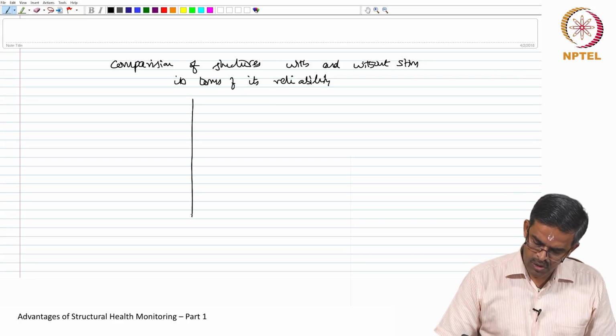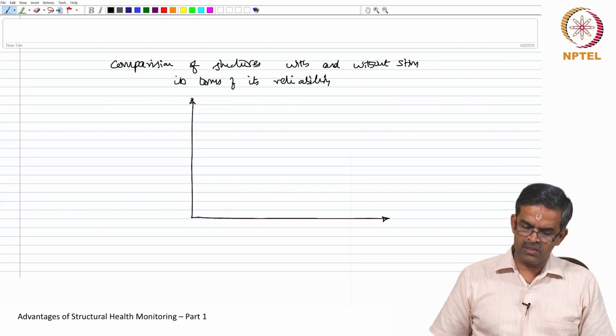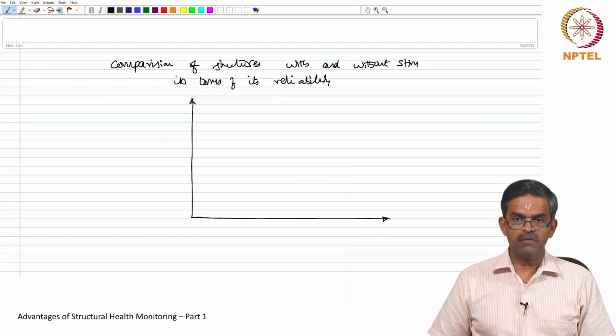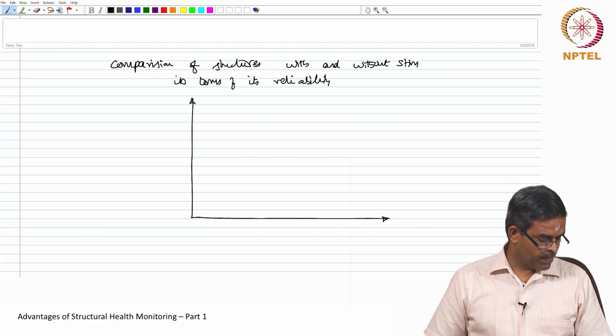This plot shows a comparison of two sets of operations, where one set of structures is with SHM deployment and another set is without SHM.